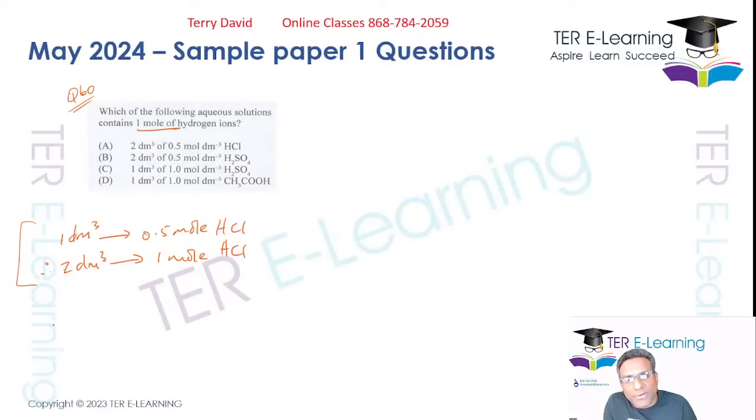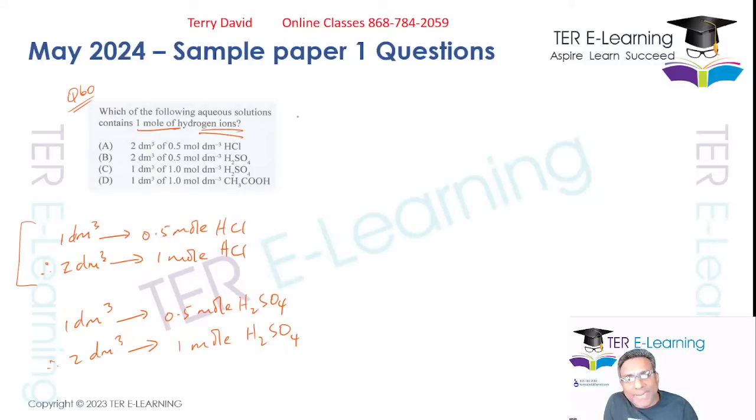When it comes to sulfuric acid, the concentration is 1 dm cube, and that corresponds to 0.5 moles H2SO4. So therefore 2 dm cube, and 2 times this will give me 1 mole. So what you're going to get here is 1 mole of sulfuric acid, but the question says 1 mole of hydrogen ions.